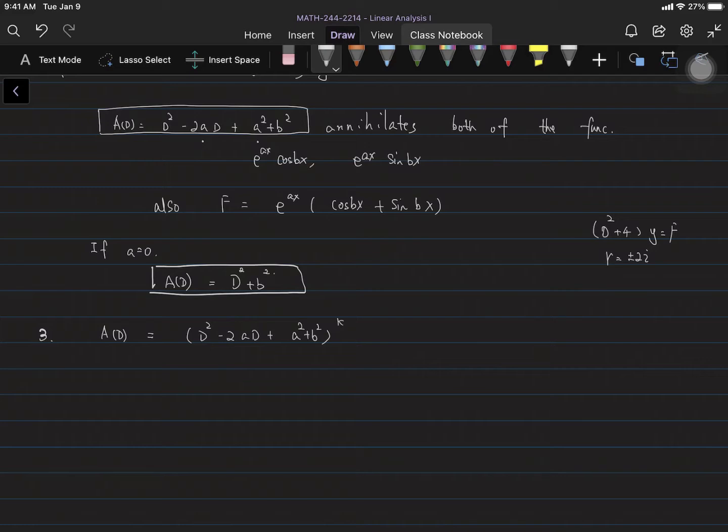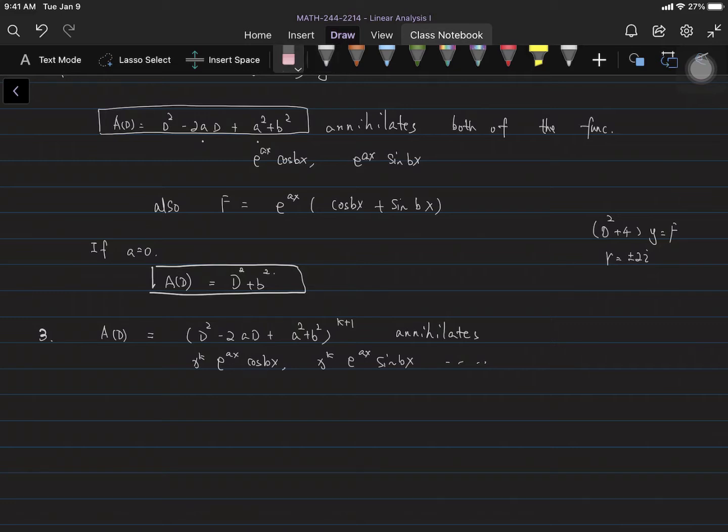Right now the (k plus 1) power annihilates those functions. So it should be x to the k e to the ax cosine bx and x to the k e to the ax sine bx.